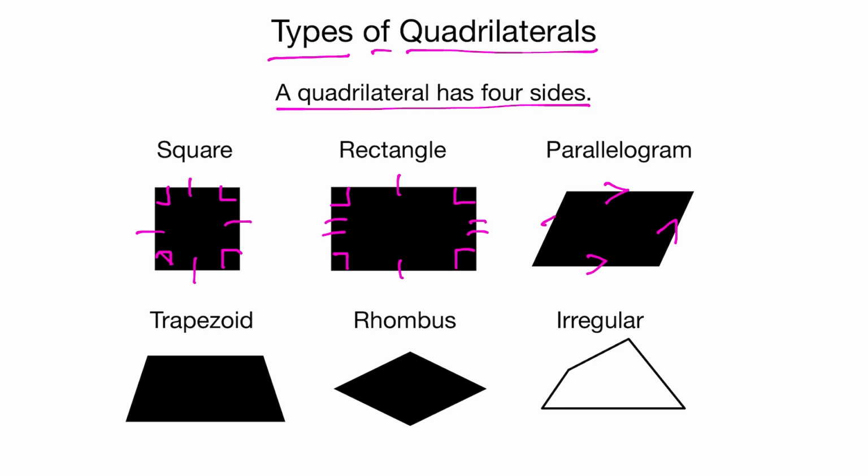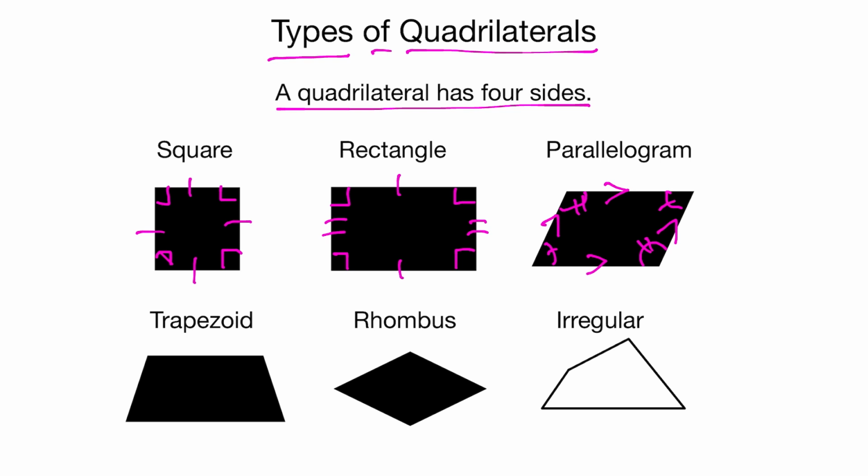In a parallelogram, opposite angles are congruent. So this angle and this angle have the same measure, and this angle and the other opposite angle have the same measure. So they get two tally marks on them. So a parallelogram has two sets of parallel sides, and opposite angles are equal to each other.